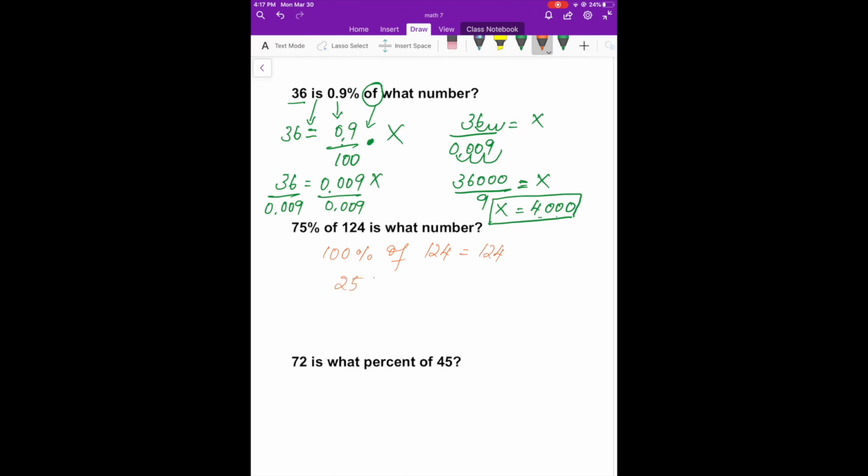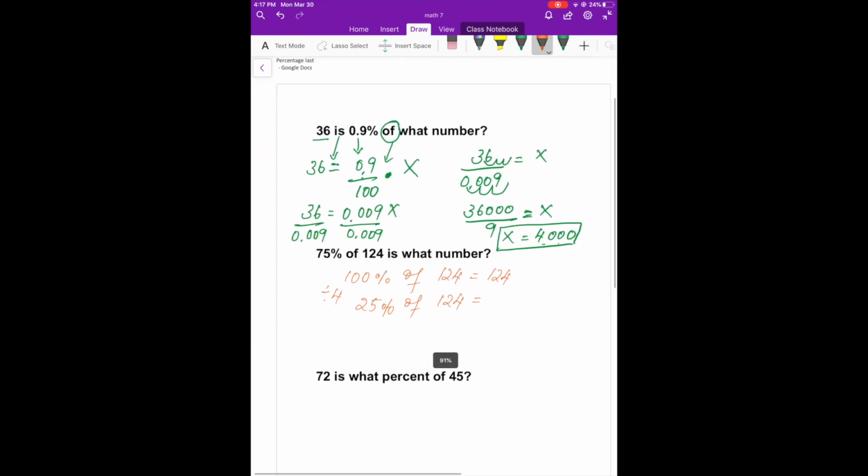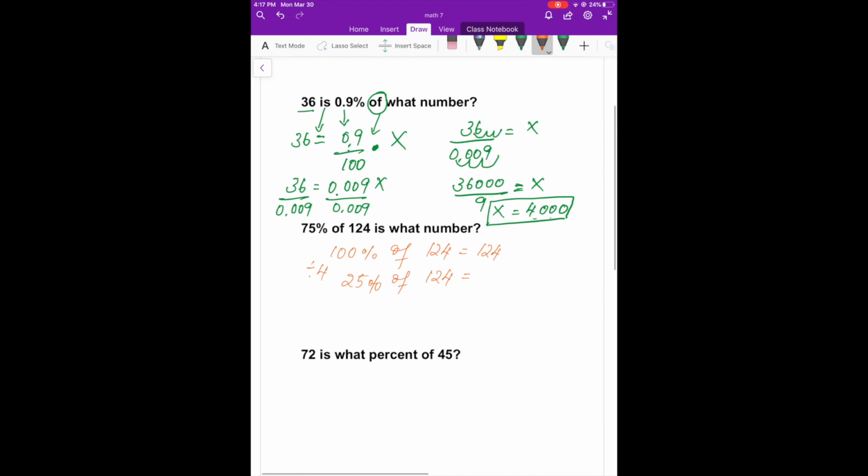And you know 25% of 124 is divide by 4, right? Because 100 divided by 4 is 25. So 124 divided by 4 is pretty easy. 12 divided by 4 is 3 and 4 divided by 4 is 1, so 31. So 25% of 124 is 31.